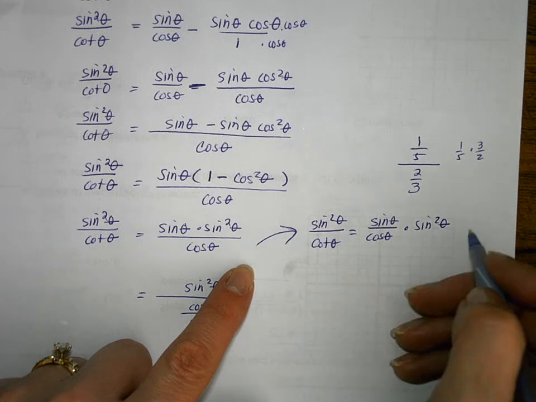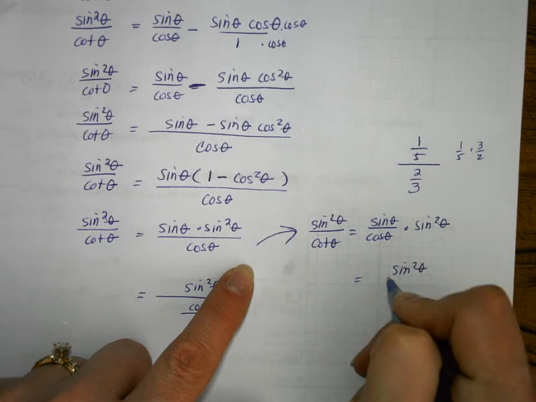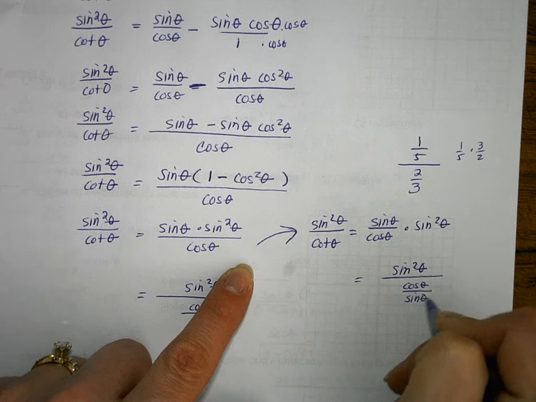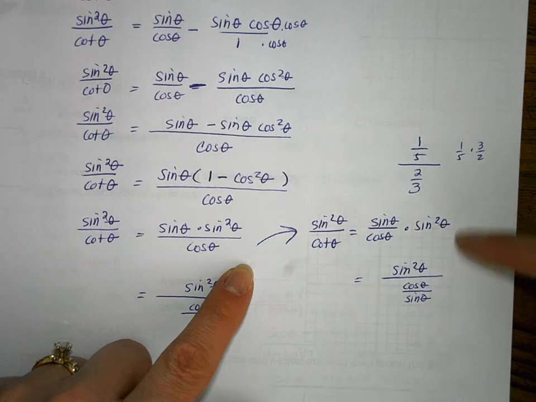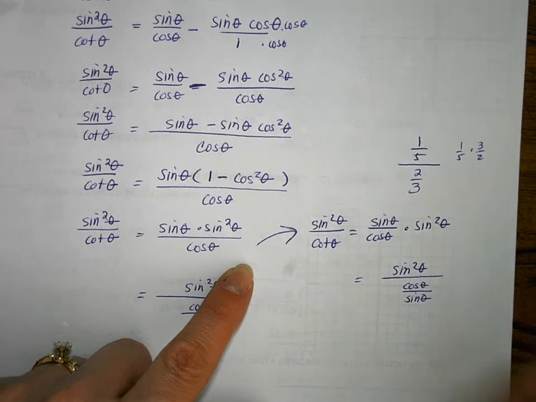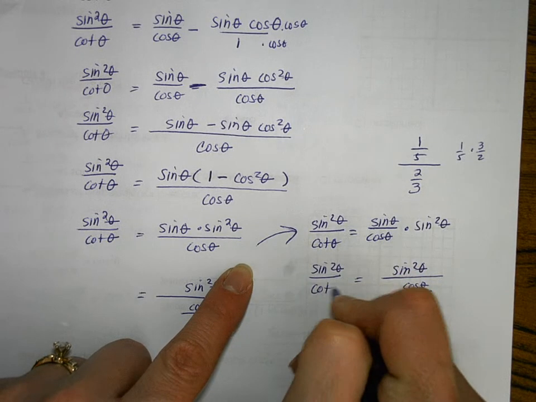Okay. So if I multiplied by that fraction, I can divide by its reciprocal. So that means that I should have sine squared divided by cosine over sine. Because if I multiply by the reciprocal, I'll get back right where I started. I'm doing exactly the reverse of what we are used to. Does that make sense? Are you sure? Equals sine squared over cotangent of theta.